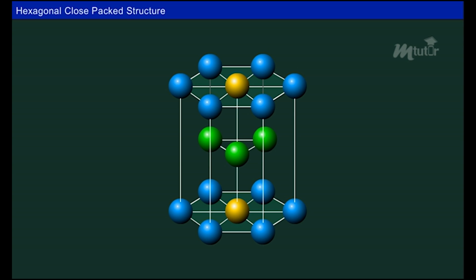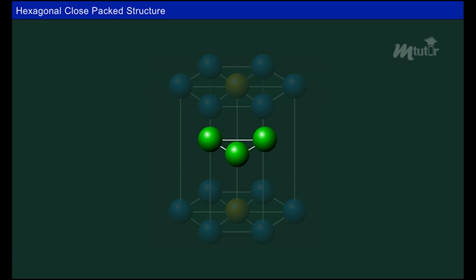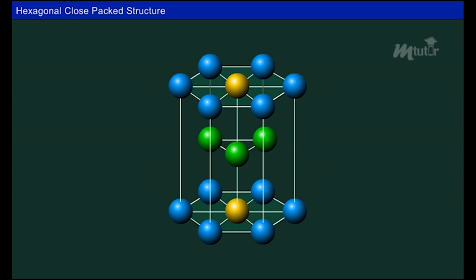Apart from the corner atoms and base atoms, 3 atoms are positioned within the faces which are not shared by other unit cells. If C is the height of the given unit cell, then the middle layer is at a distance of C by 2 from the bottom layer.